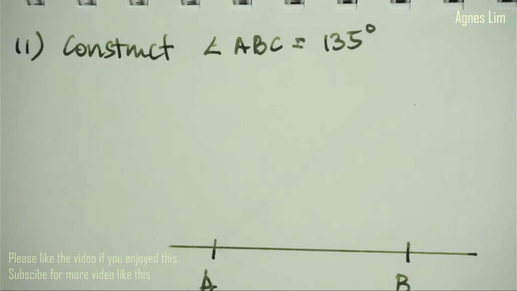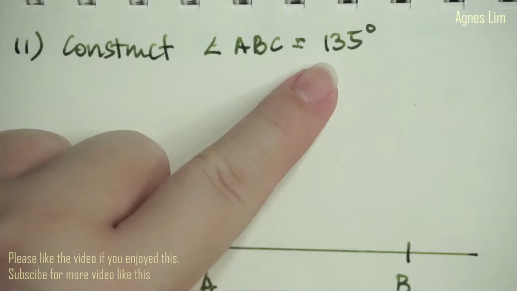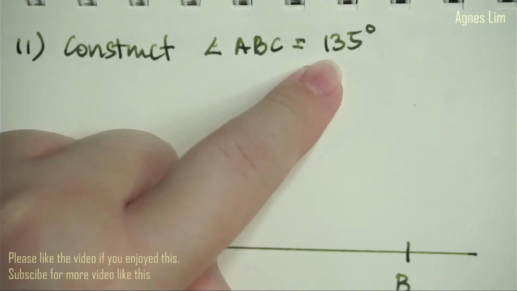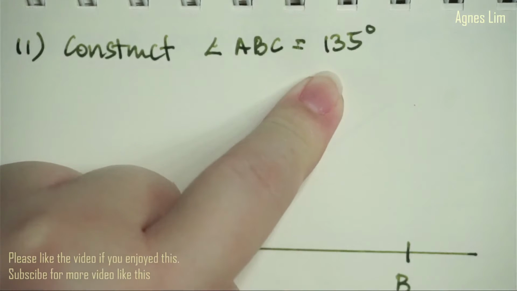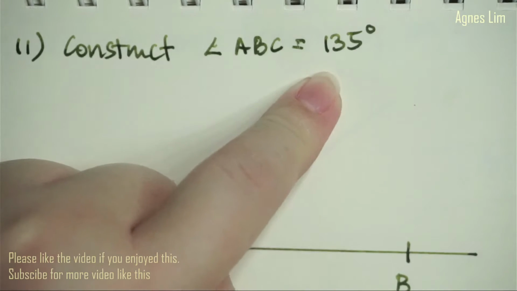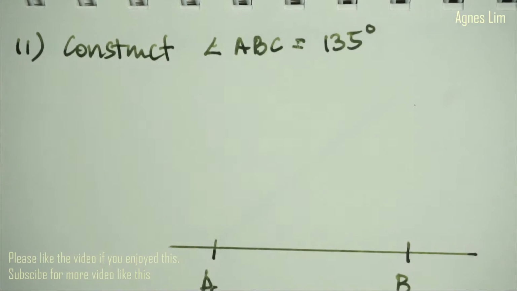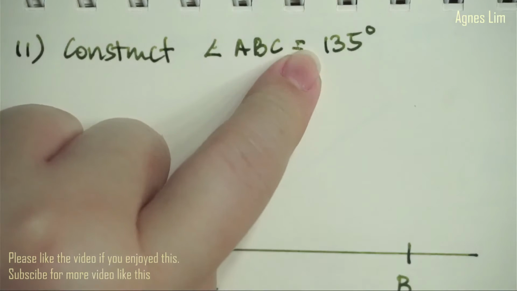From all the construction that we have built just now, which is 60, 120, 90, 45, and 30, which of these angles do we need in order to get 135? Can you think?